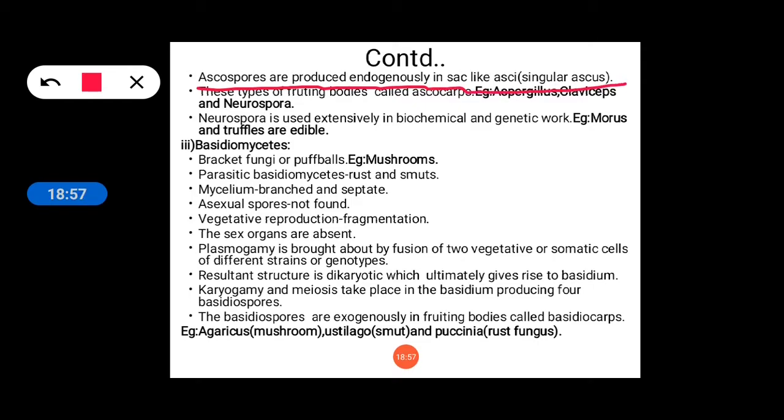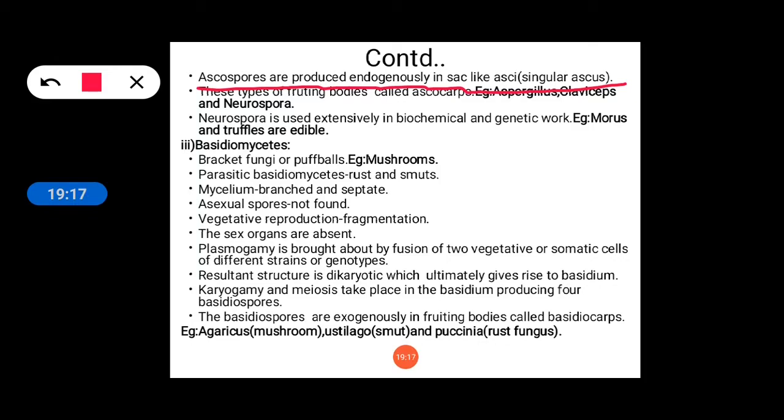Okay. So these ascospores, where are they produced? They are produced endogenously in sac-like asci, in a sac-like structure. This sac-like structure is asci. They are produced inside this sac-like structure, the asci.